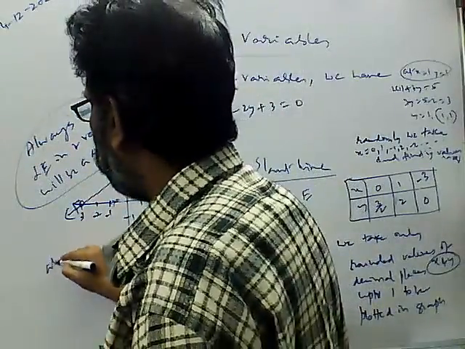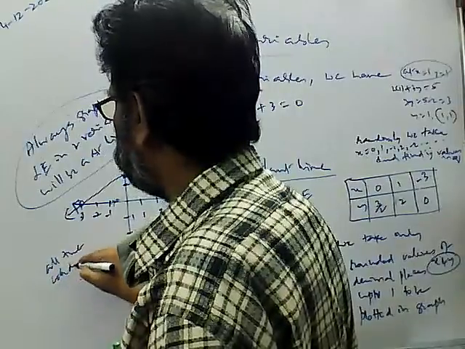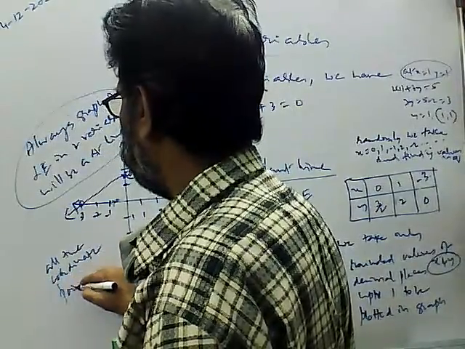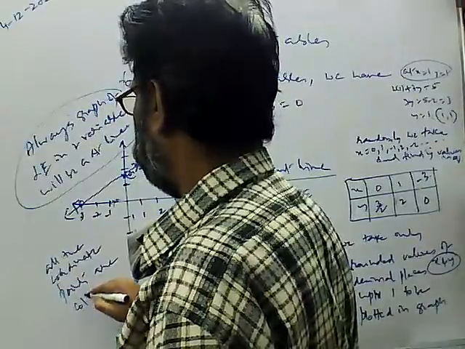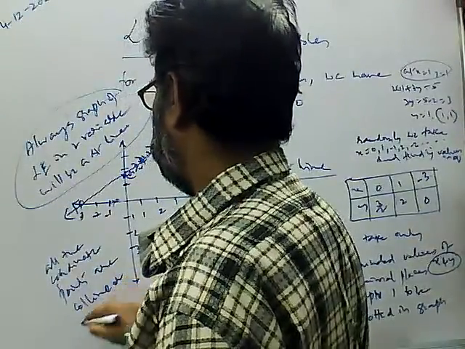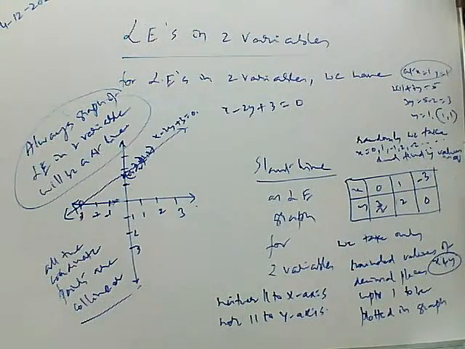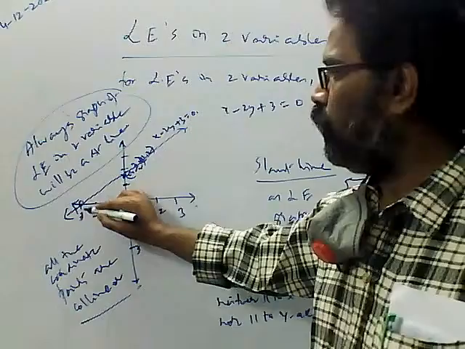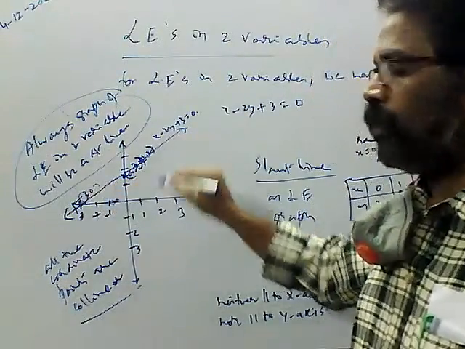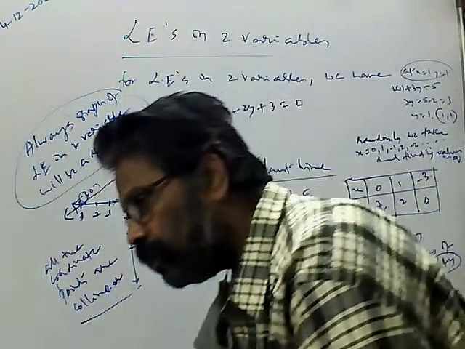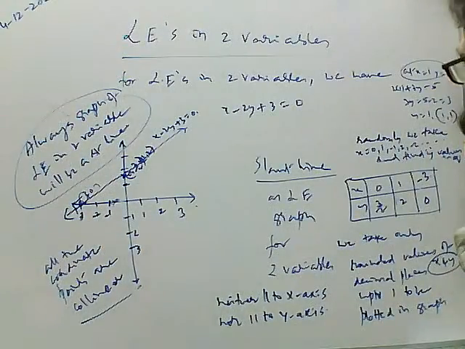All the coordinate points are collinear, because any point you take, they form the same straight line. Are you clear? Yes.